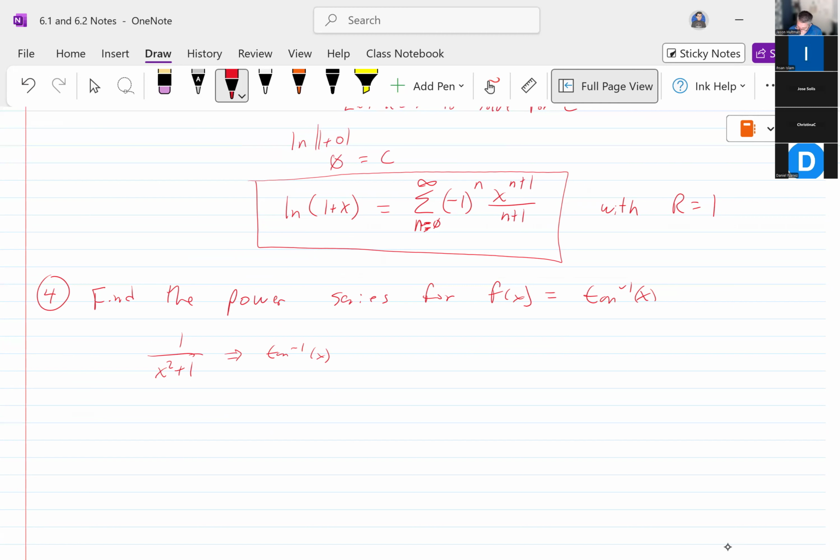Sorry, I was backwards. If we differentiate inverse tangent, we get 1 over x squared plus 1. If we integrate, we get the inverse tangent. So we're going to say that the inverse tangent of x is equal to the integral of 1 over x squared plus 1, right?